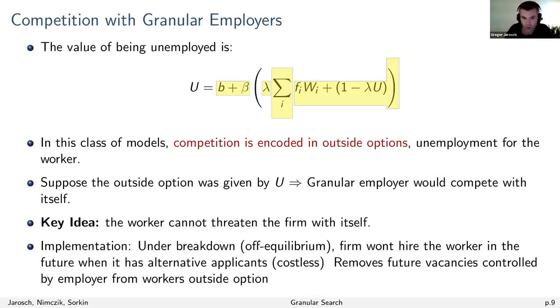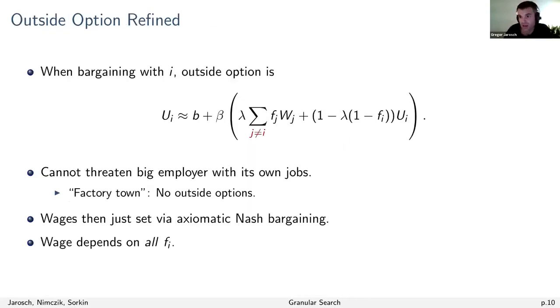Okay, so this refined outside option that accounts for granularity and being non-atomistic can approximately be written like this. I just omit a couple of cluttered terms that don't matter. So you still get your B if you walk out the door, but the next period you can work anywhere else in town, but not for the jobs that I control.